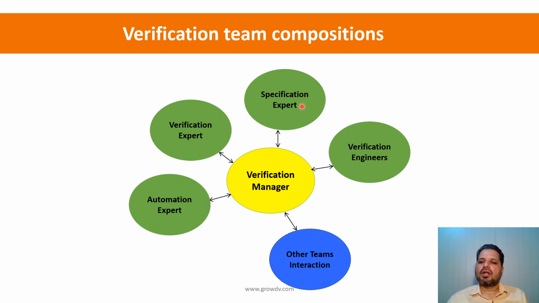Although everyone is expected to know the requirement specifications, invariably you have one person who understands them very well, and that person will be the go-to person whenever there is some ambiguity, or some requirement where there is a contest going on, where somebody thinks one way and another person thinks another way. The specification expert is the person who resolves it.